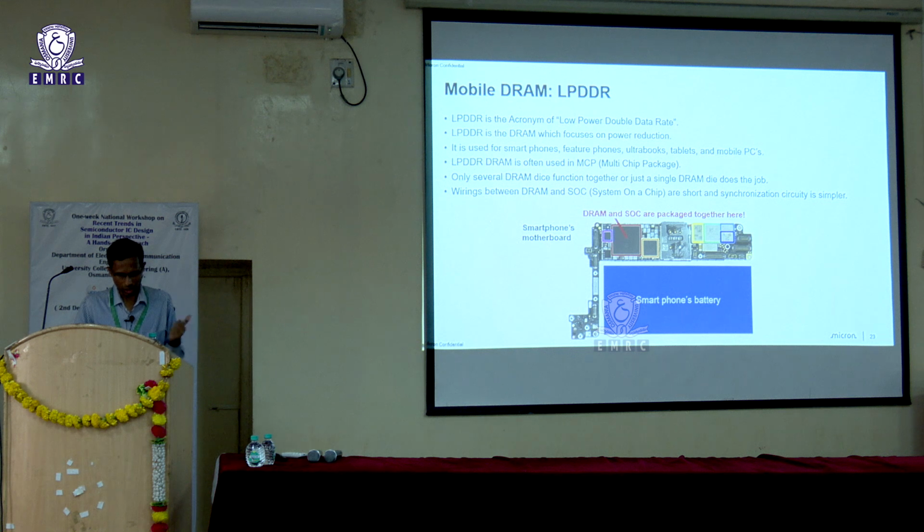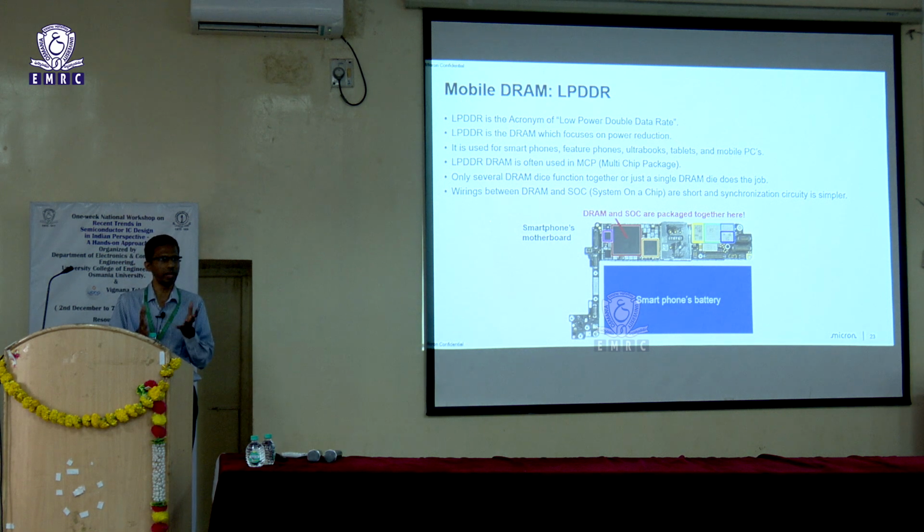We talked about compute a little bit, but on the mobile DRAM, LP stands for low power DDR DRAM here. Low power because it's going to sit in your mobile device or IO device, tablets and so on and so forth, which are typically battery operated, and you don't want your battery to drain out faster.